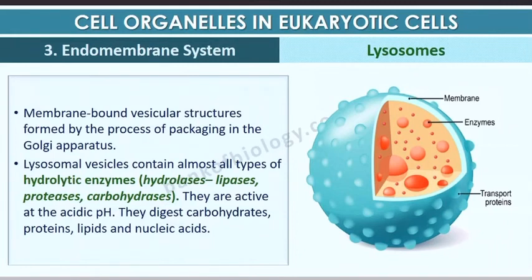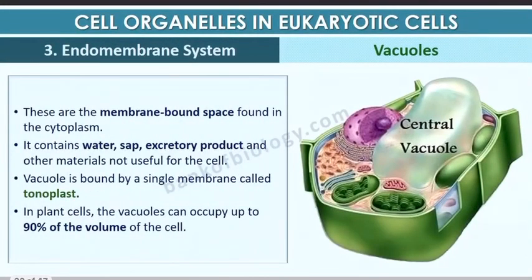They are active at acidic pH. So that is the condition. They digest carbohydrates, proteins, lipids as well as nucleic acids. And I said the most important one: they collect all the waste and commit suicide. So they blast themselves. That is lysosomes.